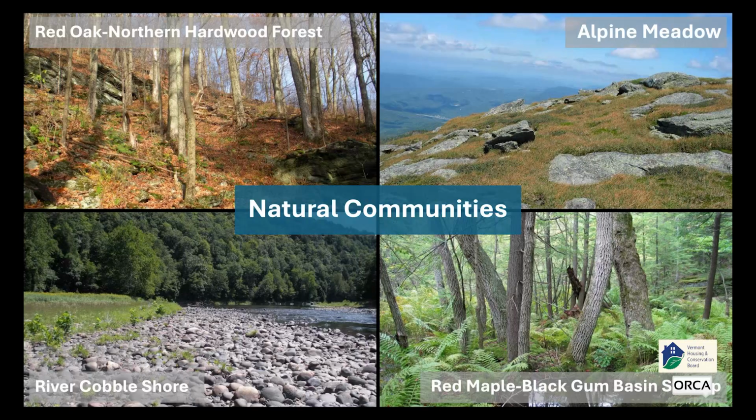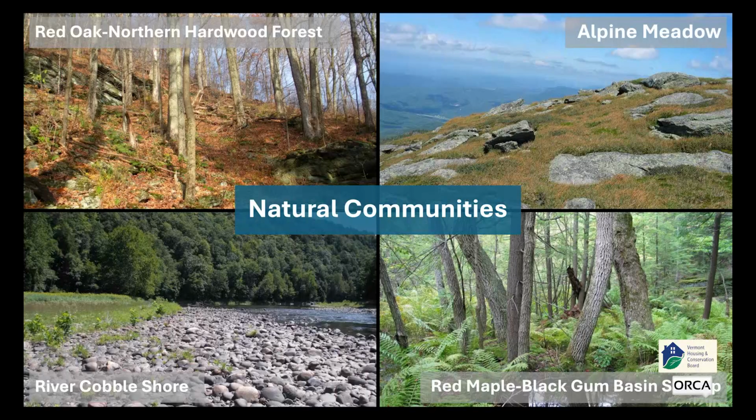And so I think you can kind of get that intuitively by looking at, here's 4 other natural communities. The species and the processes that drive why the species are there on top of Camel's Hump are very different than what's happening along the West River in Jamaica, or on a red oak forest or a black gum swamp down in Vernon.